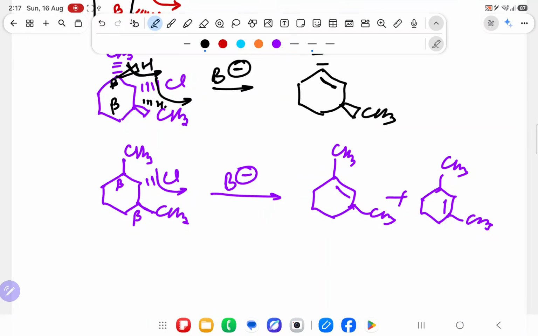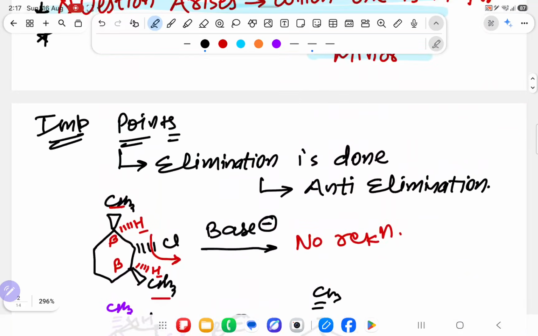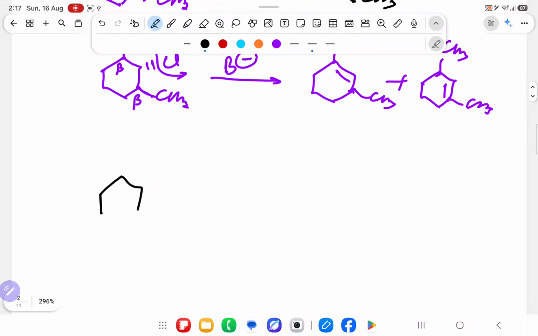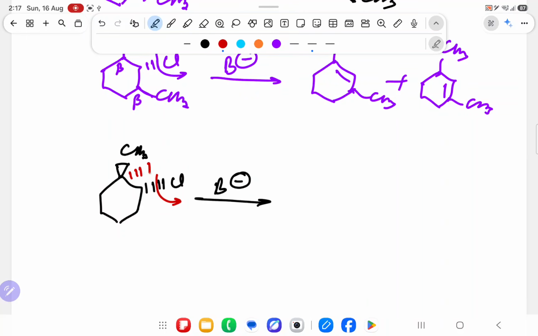Then there is no checking of anti or syn. Over here, anti-elimination, no need to check. But if base and dash are especially mentioned, suppose I take another example. Here I have given this CH3, and over there I have given Cl. And then I am doing it with a negative base. Over here nothing is given. What will you say? Sir, this Cl will go, this hydrogen will go? No. Why? Because this hydrogen is on the dash.